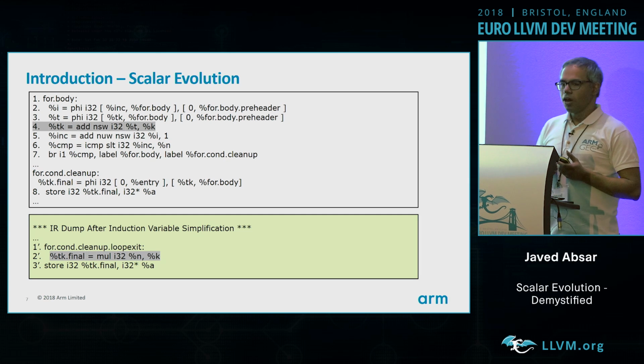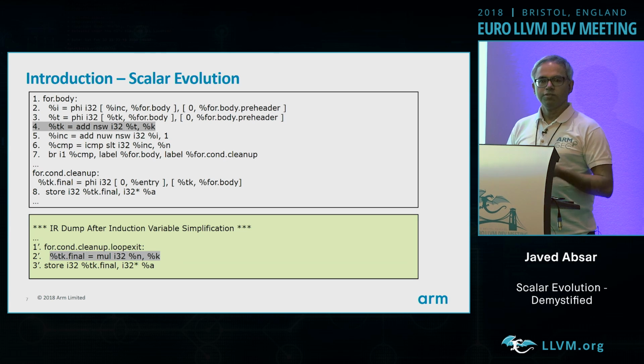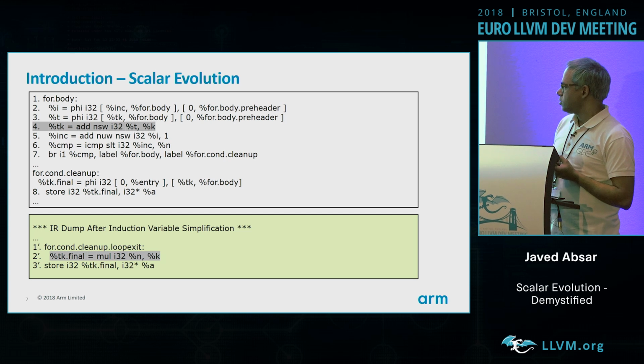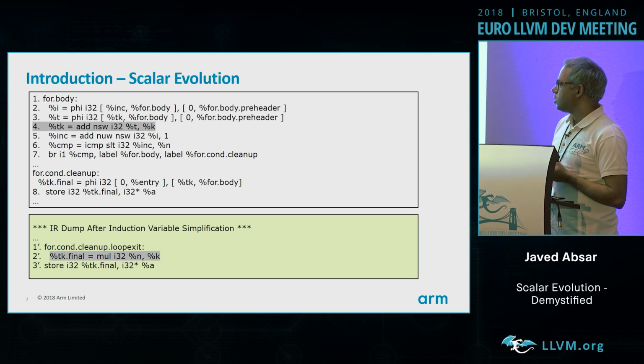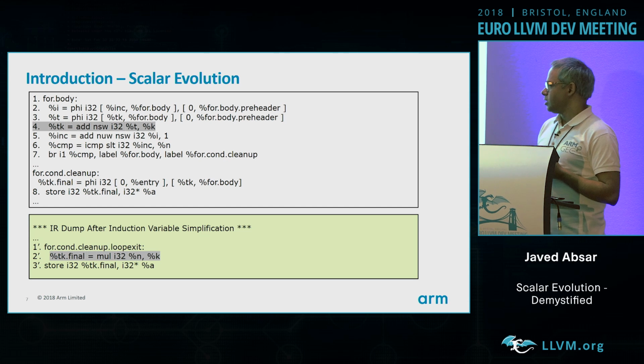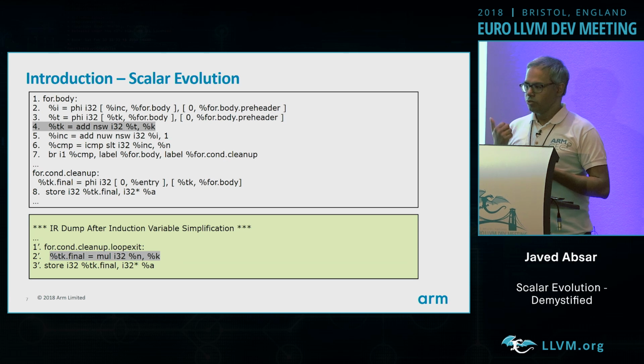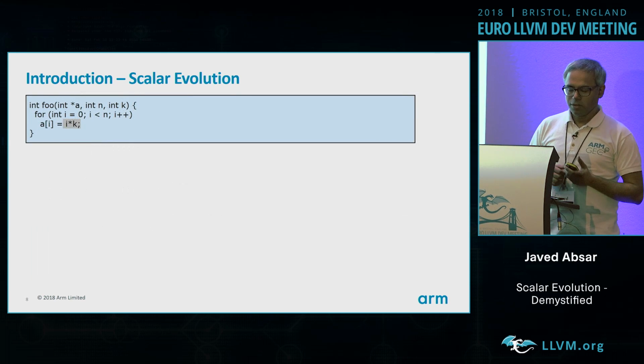But after induction variable simplification, after that pass has run, it has figured out with the help of SCEV the final value of t, which is n times k. If you look at 2 prime second from the bottom, that's the final value. That's all it computes, and it stores it to a, and it throws away the for loop. So that's one use.